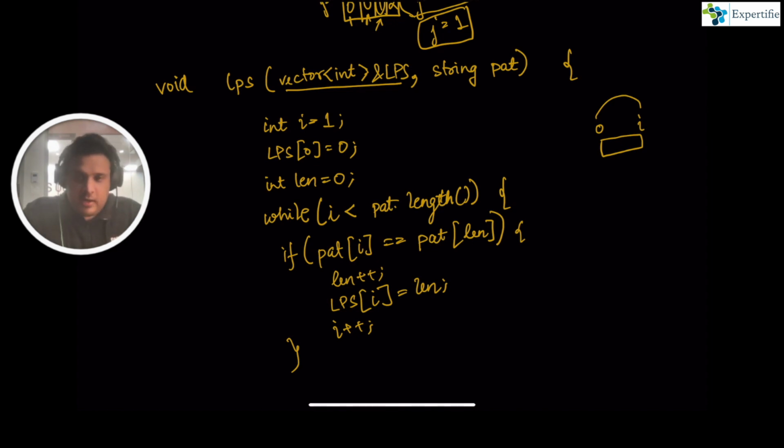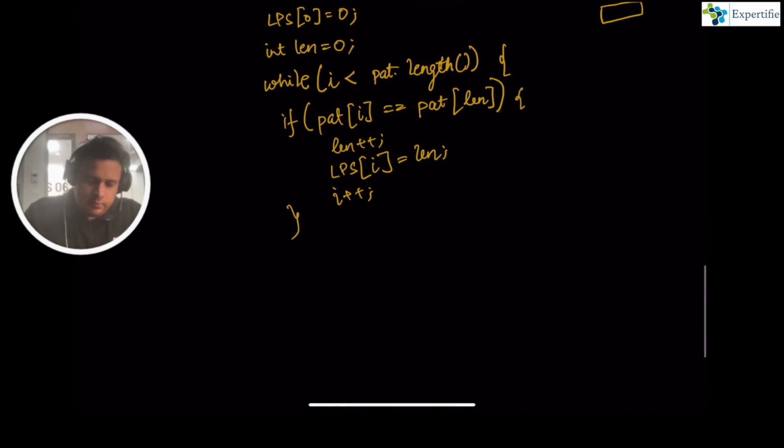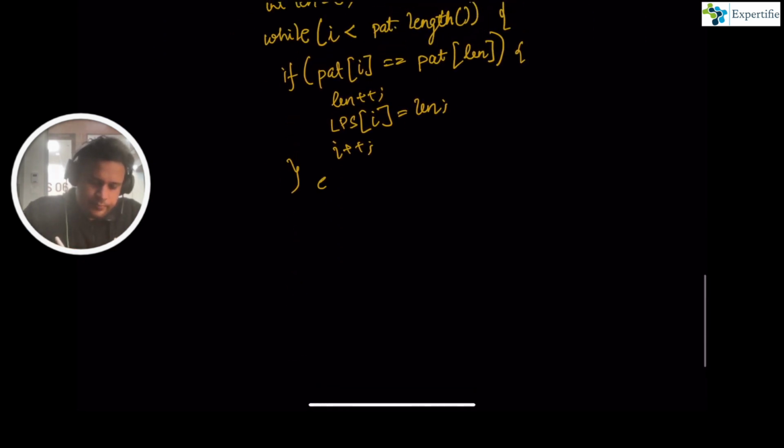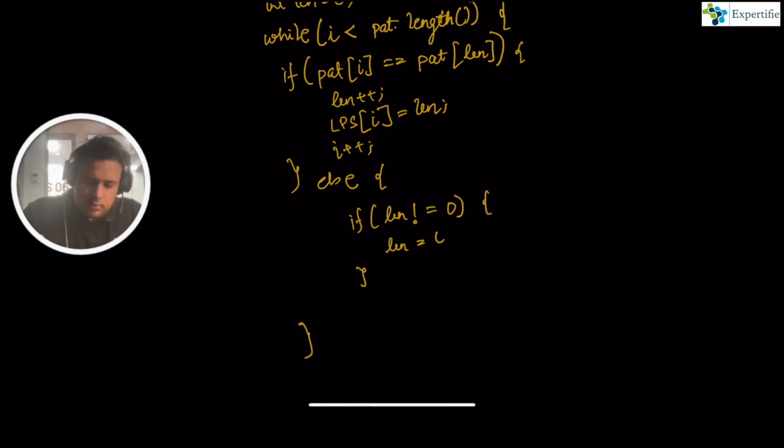And if it does not match, then what do we do? J equal to j minus 1, but there is one small condition, because j equal to LPS of j minus 1 will go into an infinite loop. So to avoid that, if length is not equal to 0, then length is equal to LPS of length minus 1.